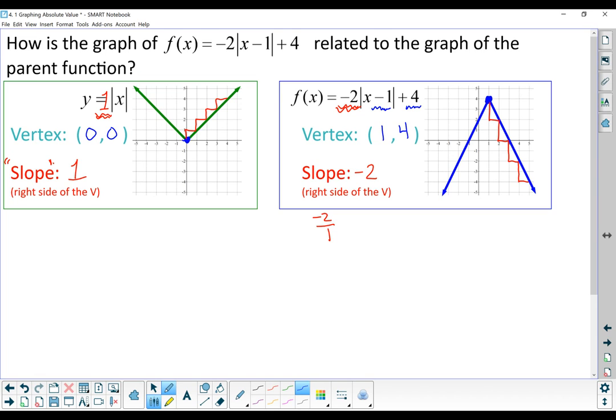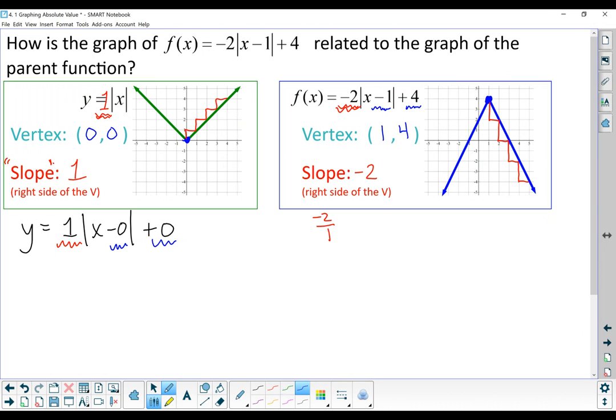So on this function, the parent function, you could kind of think of it like this. So we have our slope at the beginning, and we have our vertex encoded here and here. There's no number being added to the x in the middle of the absolute value, and then there's no number added at the end. So those are both taking on 0 values.